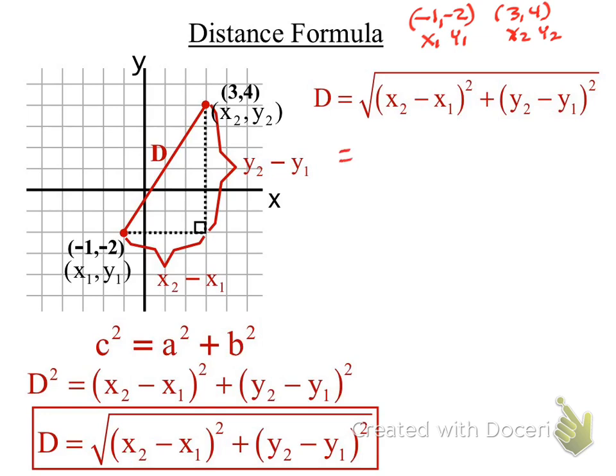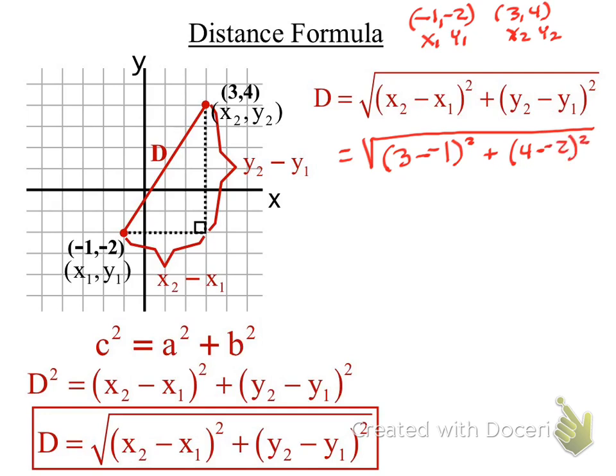Now what do I substitute? D is equal to, I go inside the radical. What is x2? Everybody? 3 minus -1. Close it up and square it. Plus, what else? 4 minus -2.